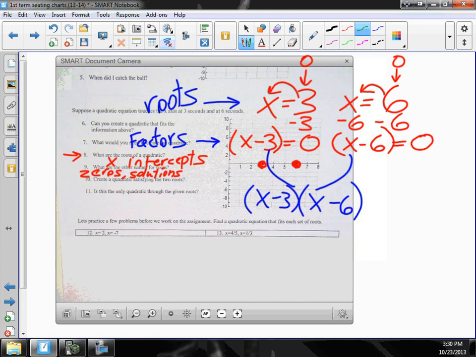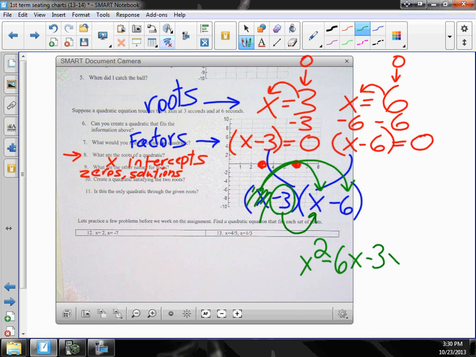So I'm going to multiply x times x, which is x squared. And I'm going to do the first term times the last term, so minus 6x. Now, I'm finished with the first x. Now I move on to the negative 3. Negative 3 times x is minus 3x, and negative 3 times negative 6 is plus 18.